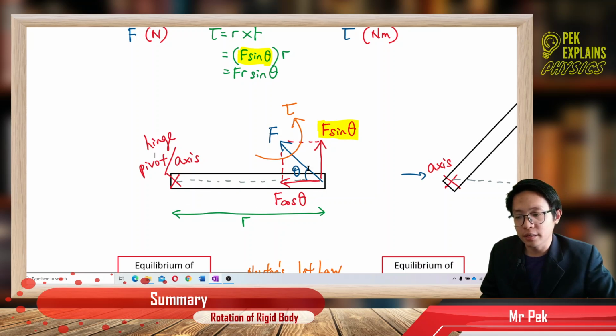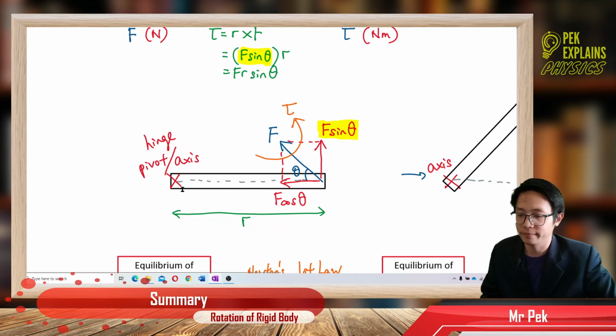Now, I exert a force with an angle theta over here at the other end. I push with force F. This force F is a distance R away from the axis of rotation.